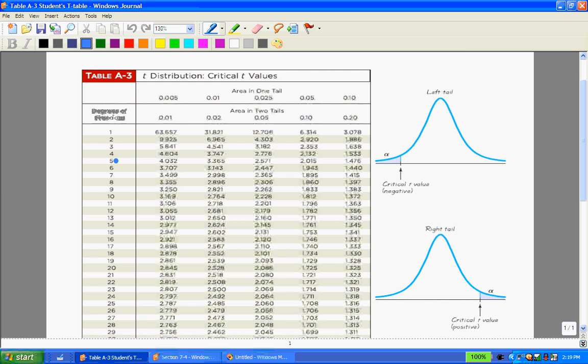So I'll go down to 5, and then I'm going to go over until I am under 0.01 for area in one tail. So notice we have area in one tail and area in two tails. So here's 5 and here's 0.01, and the value that falls there is 3.365.